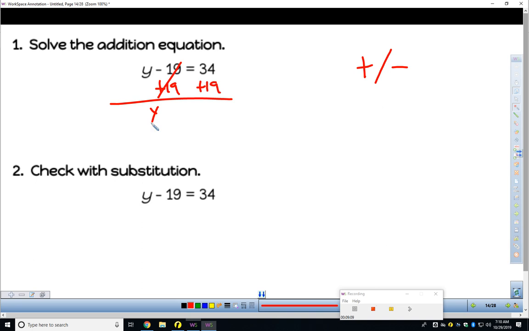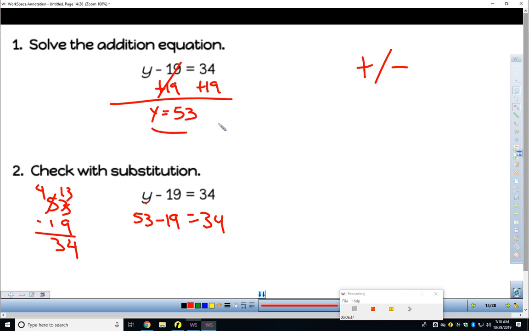Leaves me with y. 34 plus 19, let's see here, 34 plus 10 is 44, plus 9 is 53. So we go back and check. I plug in 53 for y. So that's 34. And that equals 34. That's a true statement. So y must equal 53.